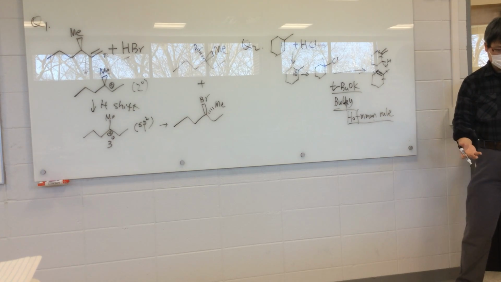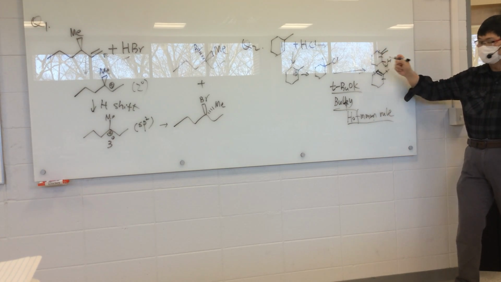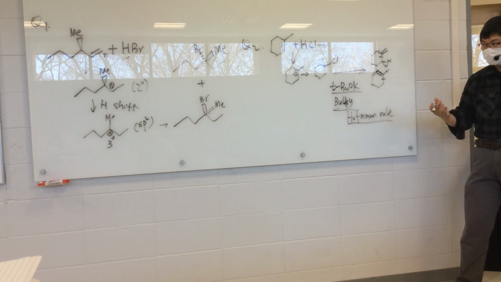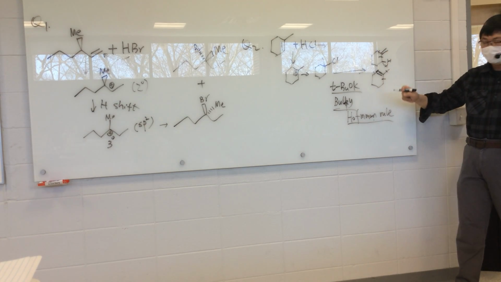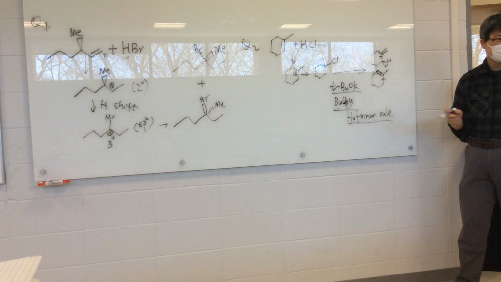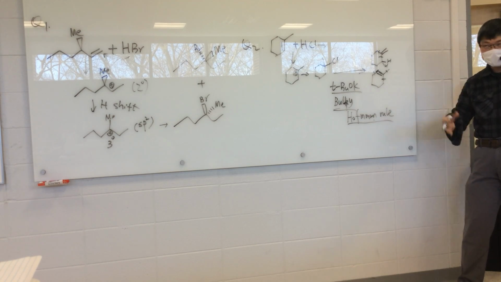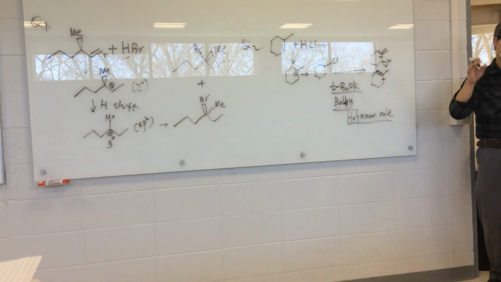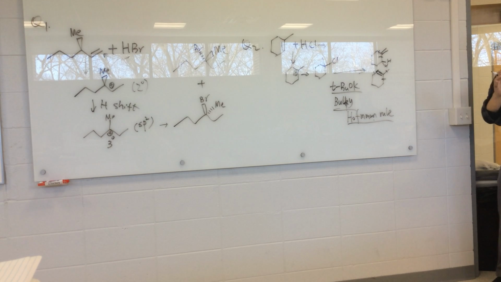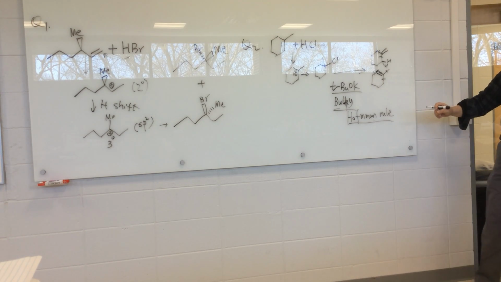It wants more electrons, and these two groups can serve this purpose. But these only have 2 of them, and this has 1, 2, 3 of them. So there are more electron donating groups connected to the 2 carbons in the double bond. So this is more stable.